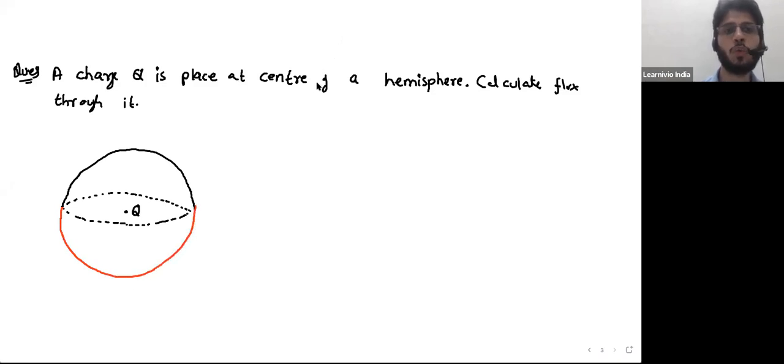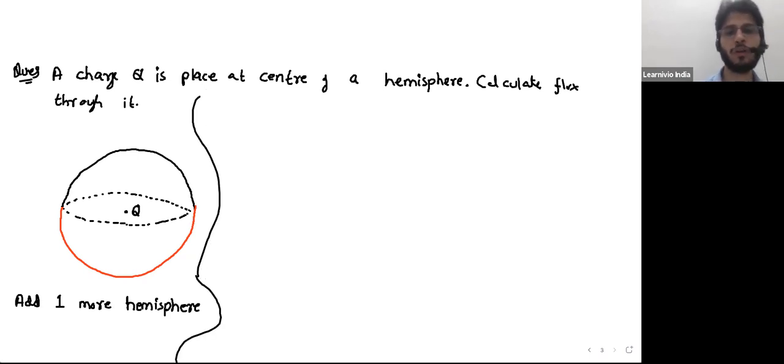So when I add one more hemisphere, it gets converted into a complete sphere.